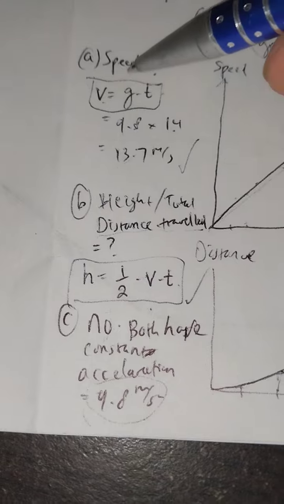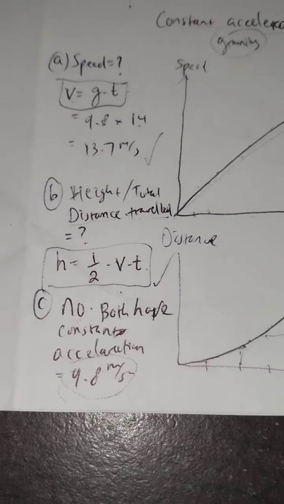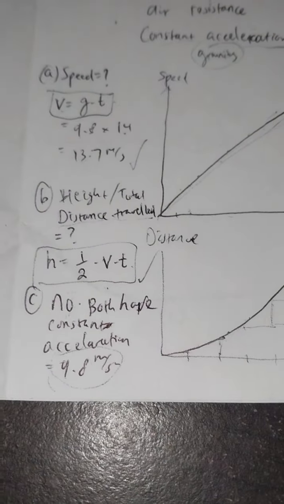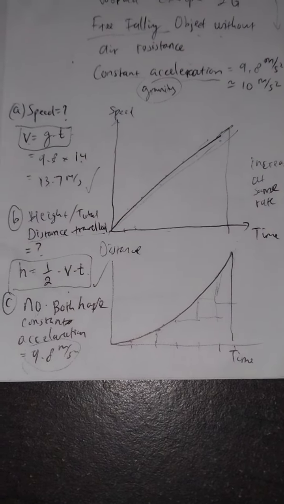There's no m in the formula, right? So mass is not a factor at all to determine all these numbers. So the speed will be the same. I hope you understand that. And if you still don't understand, you can ask me in the chat.